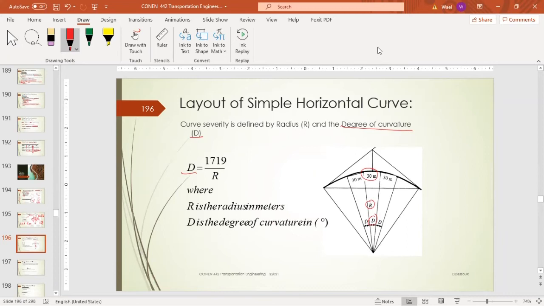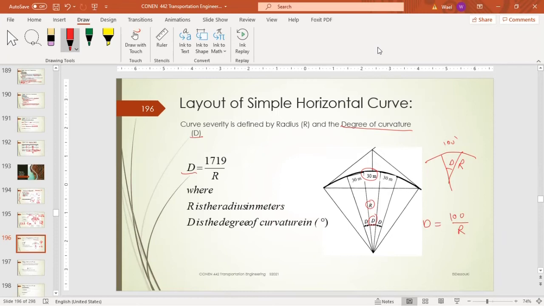Usually, it's derived from the imperial units, which was here 100 feet, and this is R, and this is D. So D basically equals 100 feet divided by R. Any questions so far?